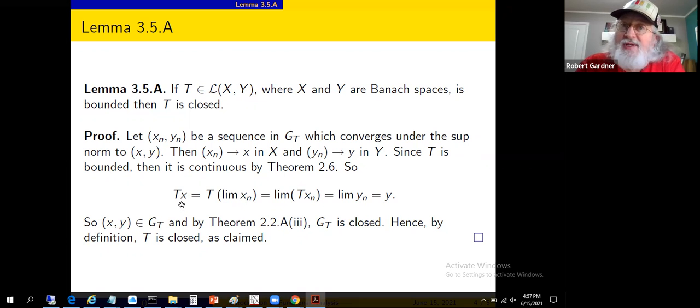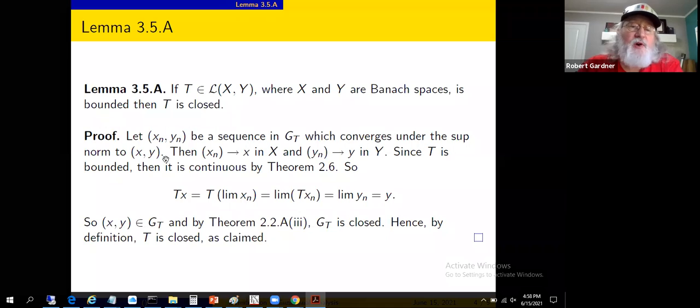Well, if y equals T of x, then the ordered pair (x, y) is an element of the graph of transformation T. So we've shown if we take a sequence of elements of G of T which converges to something, (x, y), that something has to be in the graph of T. In other words, by Theorem 2.2.8 part 3, again, G of T is closed.